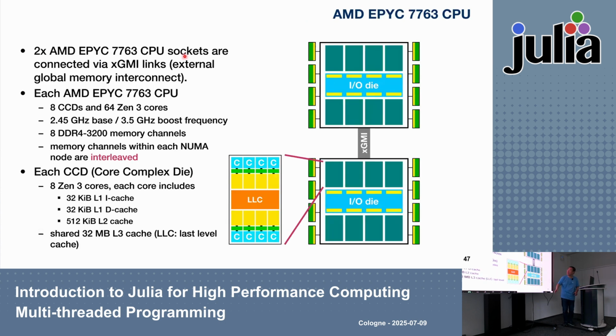And for Noctua 2, the situation is much more complicated. For example, it has 2 sockets. And for one socket, it has CCDs.